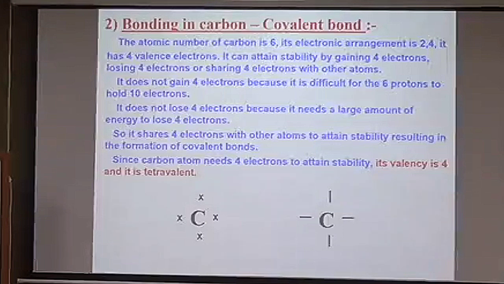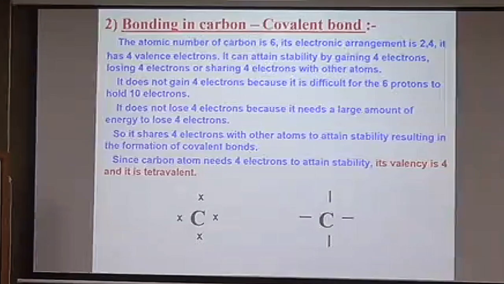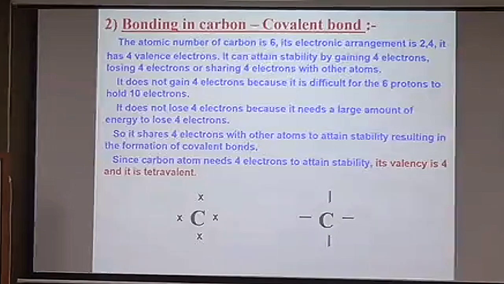Let us see why it doesn't lose electrons. If it loses all 4 electrons, then it forms C4+ ions. But as it has to lose 4 electrons, a large amount of energy is required, which is not possible. That is why it does not form tetravalent cations.